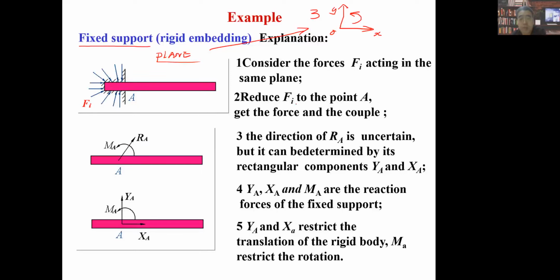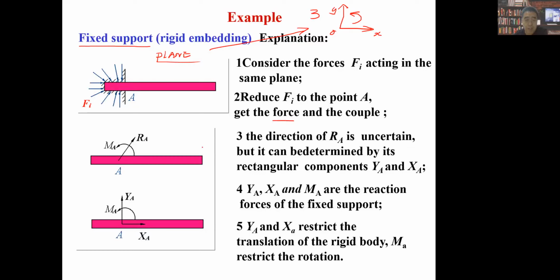So reduce all the Fi to point A, get a force. A force means principal vector and the couple, right? The direction of RA is uncertain. We don't know what its specific direction should be.